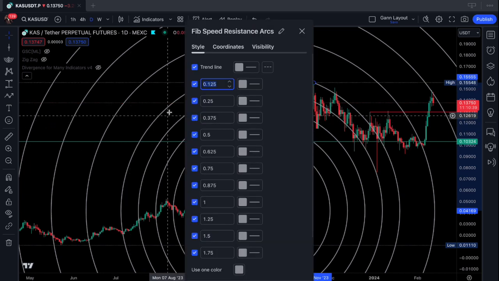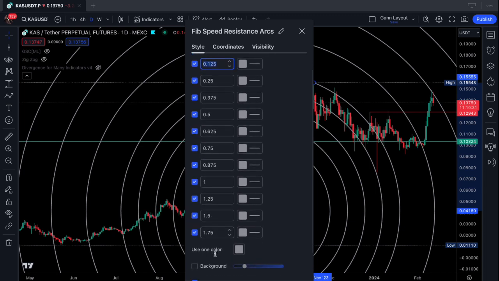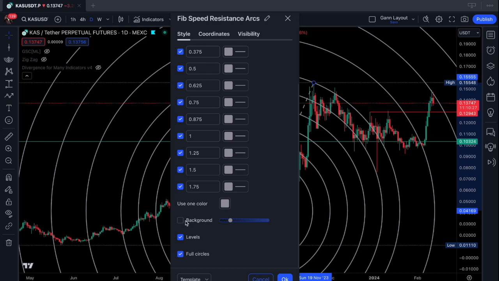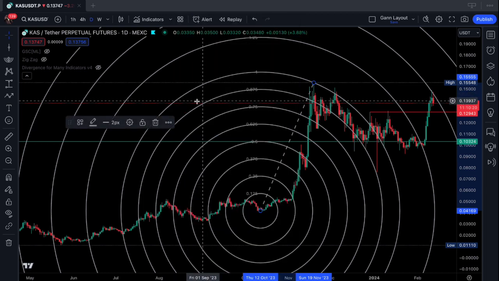Okay? Because you can see that the values you have here are not Fibonacci values. They are Gann values. Let's first apply the default, and then I will explain how to set up your own tools.